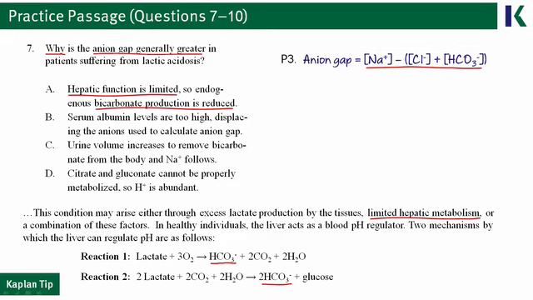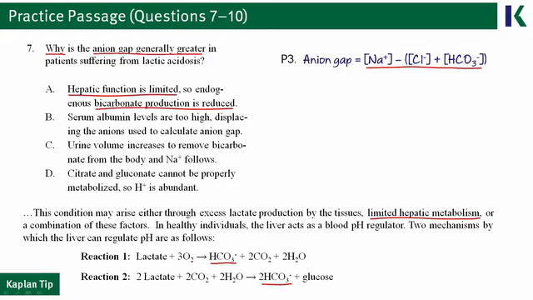But with questions like this, it's not good enough for the answer choice to just be true. It has to be true and also answer the question. So we also need to confirm that this reduction in bicarbonate production would increase the anion gap, because that's what the question is asking. Not only which of the following is true, but which of the following is true and explains an increase in the anion gap.